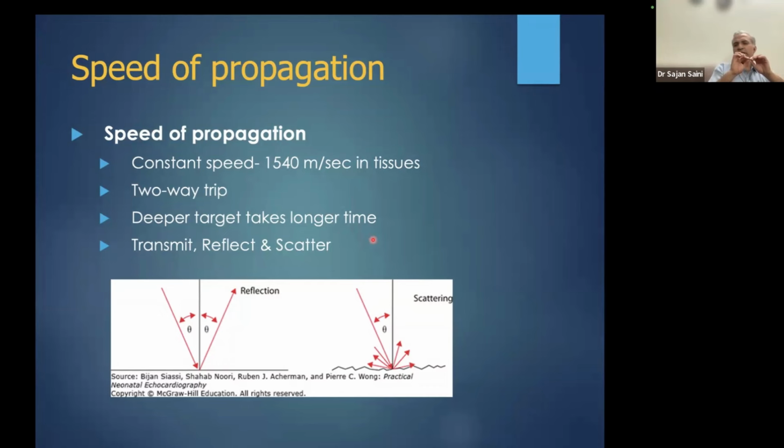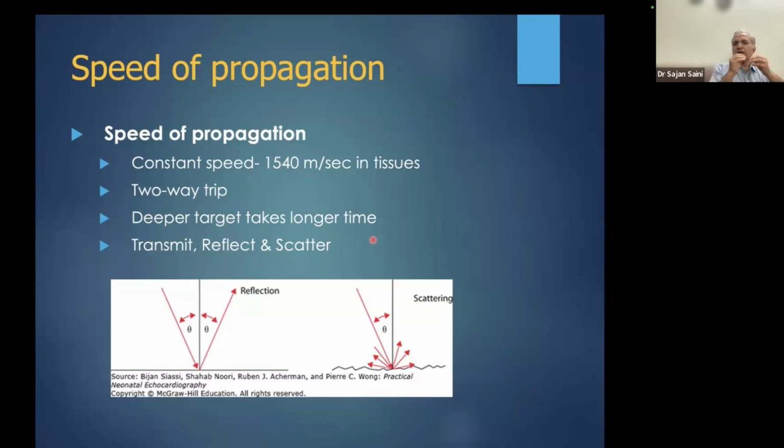It is important that ultrasound waves make a two-way trip. They go inside, hit the target, and come back. So all distances are calculated accordingly: the machine understands that the beam has gone, struck the target and come back, so the time and distance are halved.